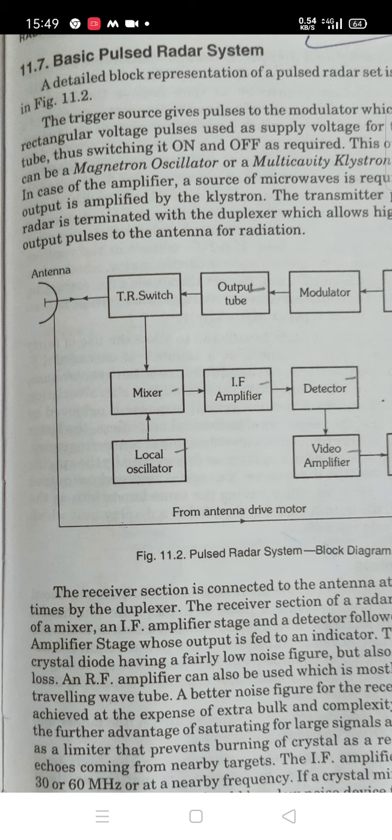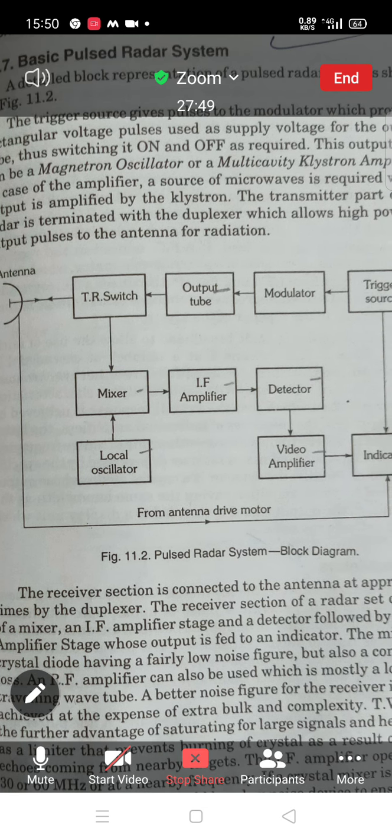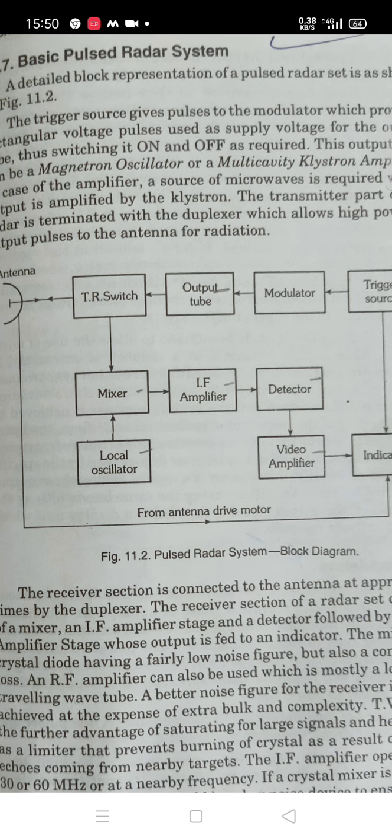In this detector, whatever signal you are getting will be detected and the carrier signal is bypassed and the original signal will be recovered, and the output of that detector will be given to the video amplifier, and it will amplify that signal and give it to the indicator. It may be a CRT tube.